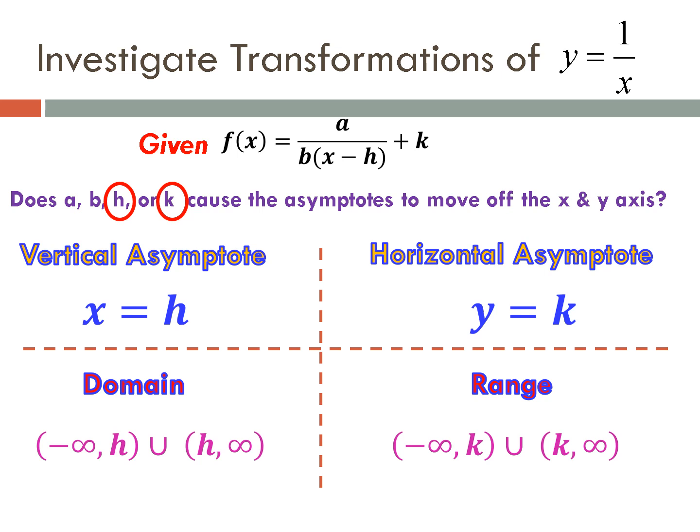Again, remember it's negative infinity to the vertical asymptote union vertical asymptote to infinity, and for the range, it's negative infinity to the horizontal asymptote union horizontal asymptote to infinity.